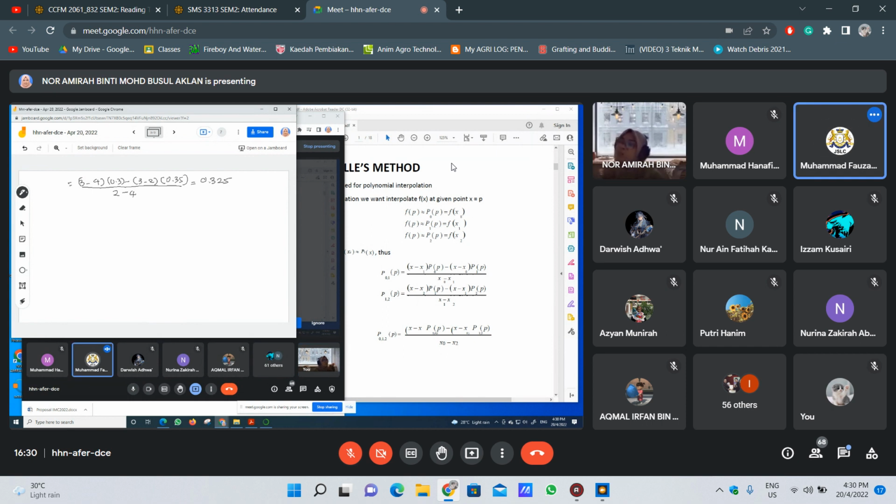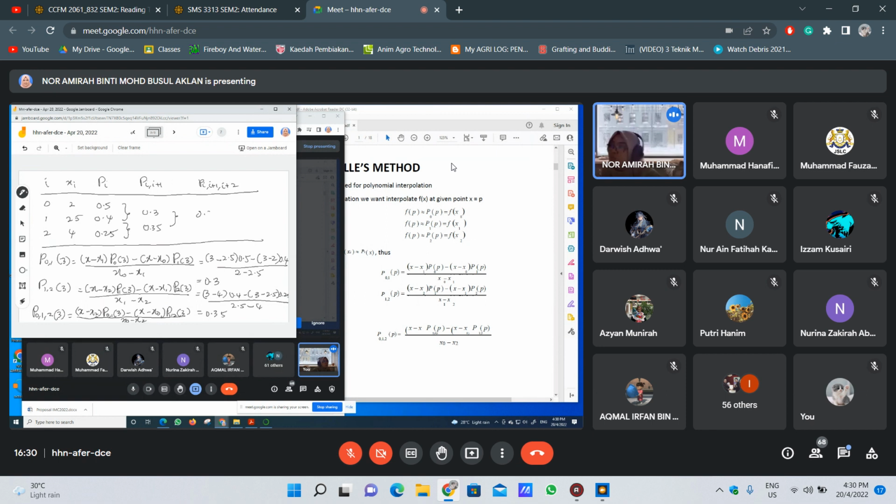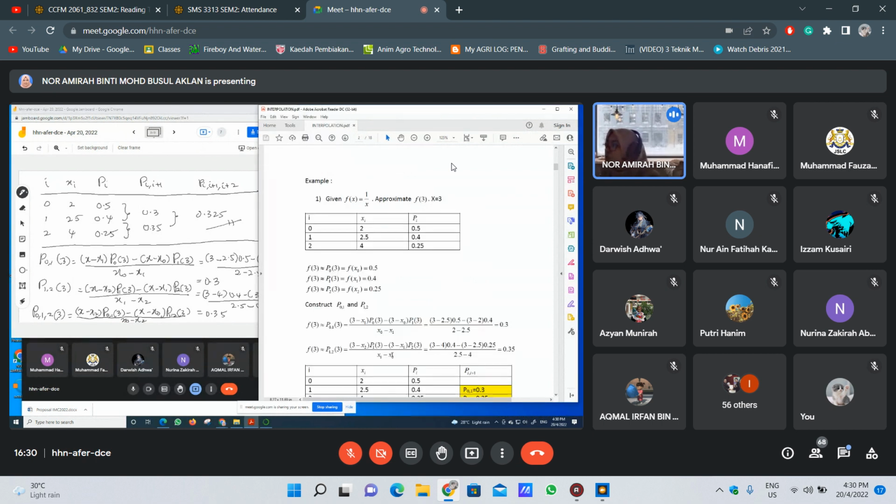0.325. Yeah. Okay. So maksudnya dekat sini 0.325 done. So bila compare dengan yang you tekan calculator adalah 0.3333. So dia punya error dia berapa? Tak adalah tinggi sangat kan? Okay, so meaning that 0.001.